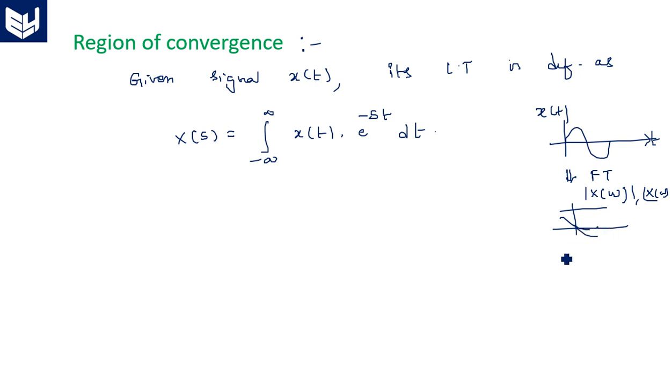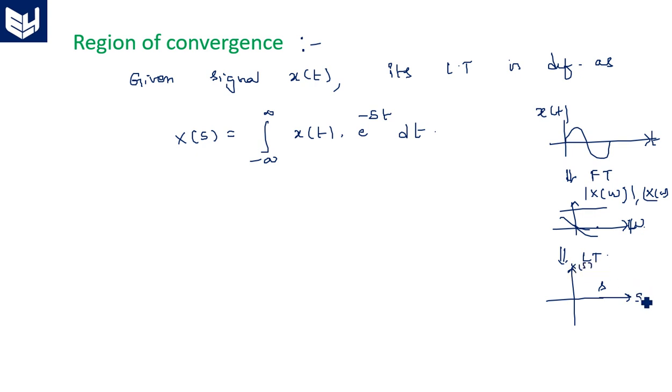But when we take this x of t and apply the Laplace transform, the resultant signal is drawn on the s domain. Earlier, it was angular frequency omega versus X of omega, but now it is s and X of s.